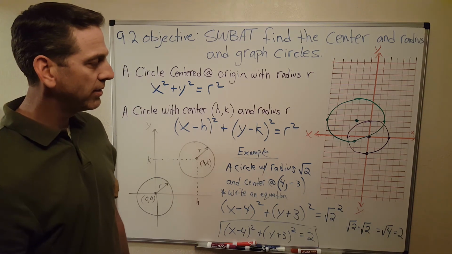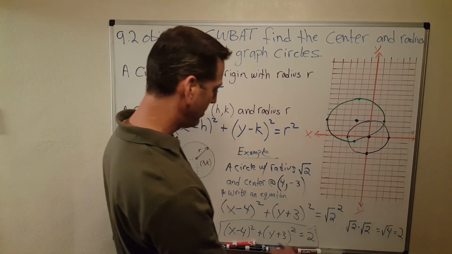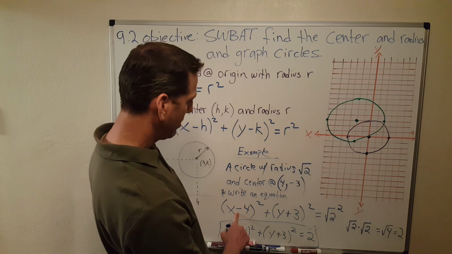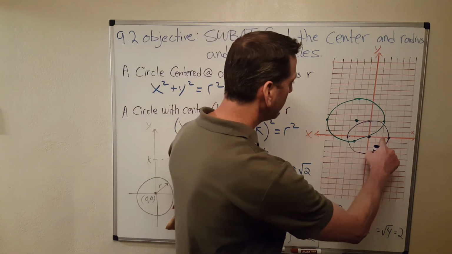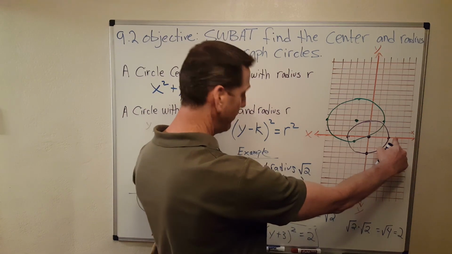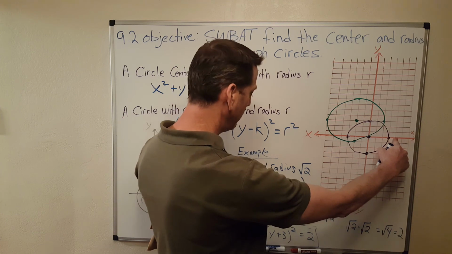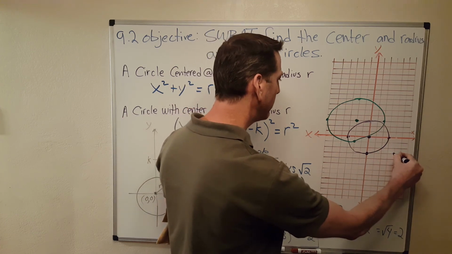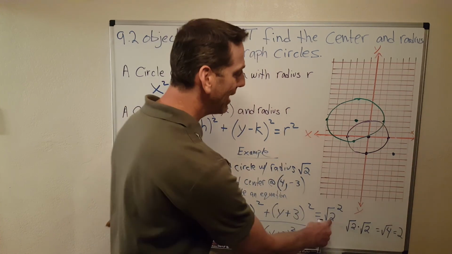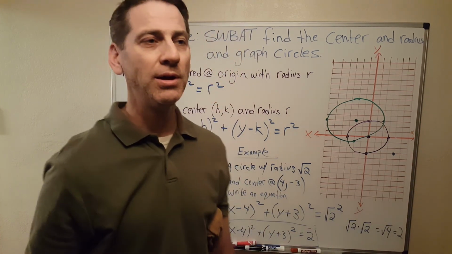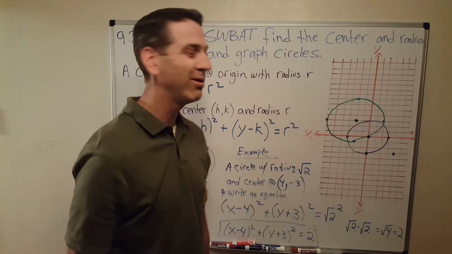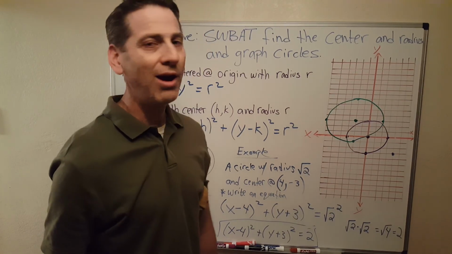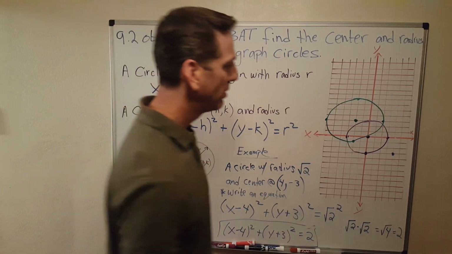And if I wanted to graph this, what would it be? 1, 2, 3, 4 is my horizontal shift. My vertical shift is 3 down. 1, 2, 3. There's my center. And my radius is actually the square root of 2. And if you go on your calculator, the square root of 2 is approximately 1.41.